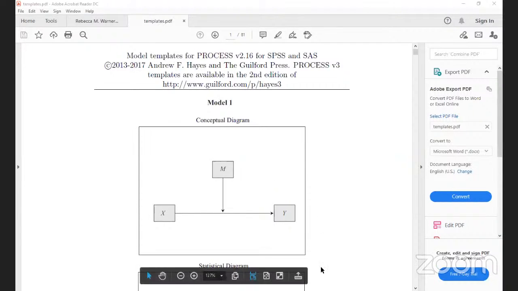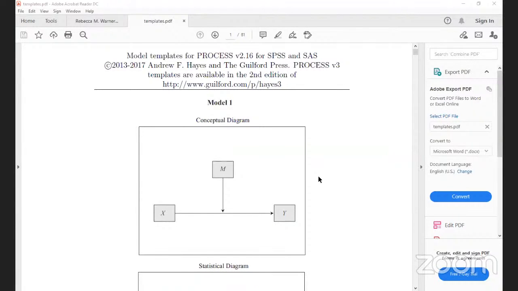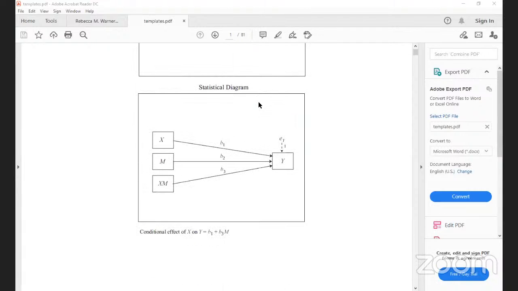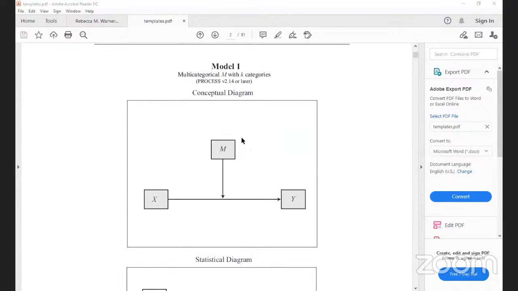Okay, so basically, in mediation and moderation, I am taking only very simple cases to clarify the concept. There are many types of models in mediation and moderation. You can see this is one model, and another model is this.